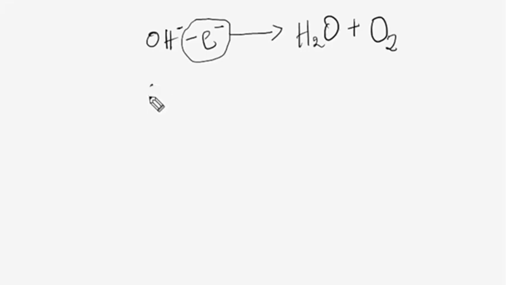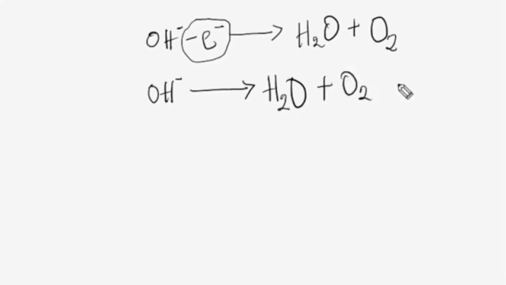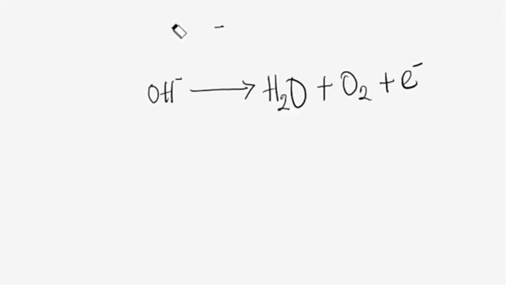So we are going to bring the electron over here, so this will now become OH plus H2O, plus oxygen gas is liberated, plus an electron. But notice that this expression is not balanced, so we have to go ahead and balance it.